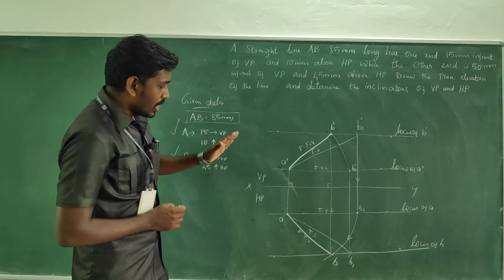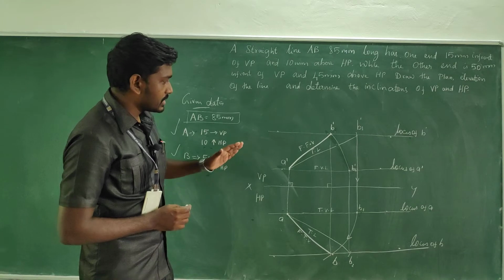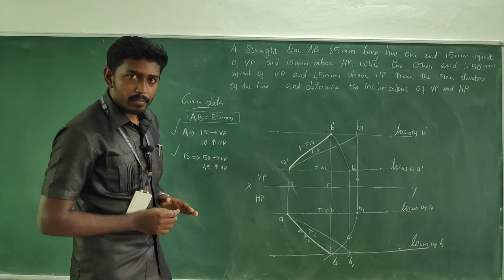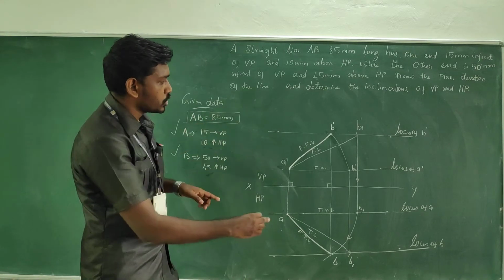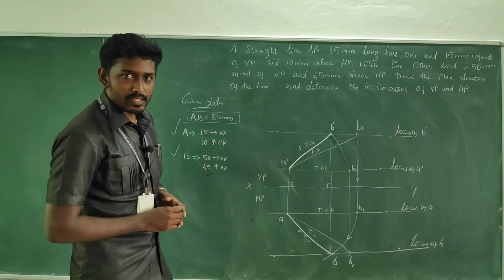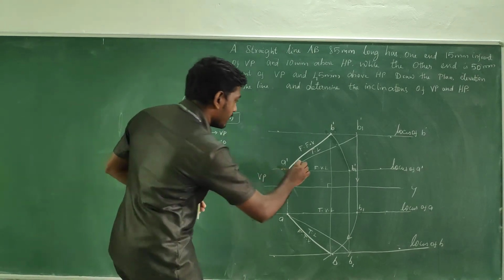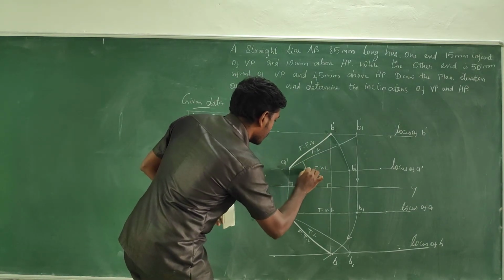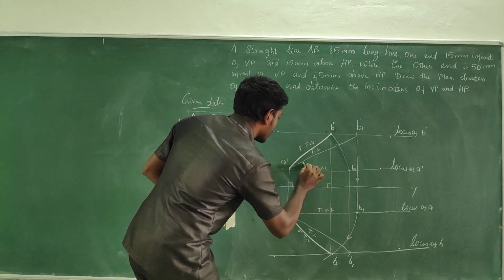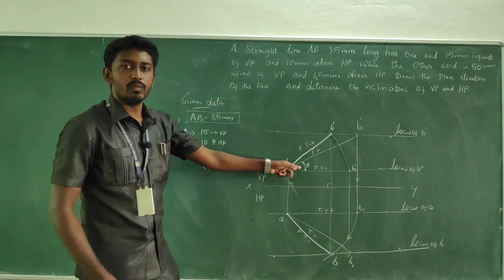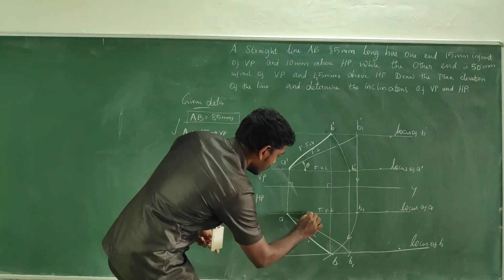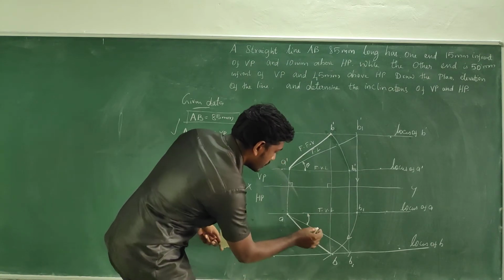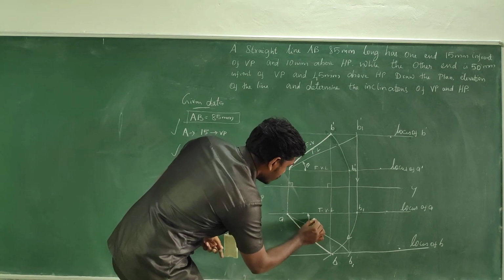Okay, fine. So as far as this diagram is concerned, the final front view and final top view should be dark lines, and next we have to show all the data about the projection. So here, this is the true inclination in the front view, theta, and this is the true inclination in the top view.